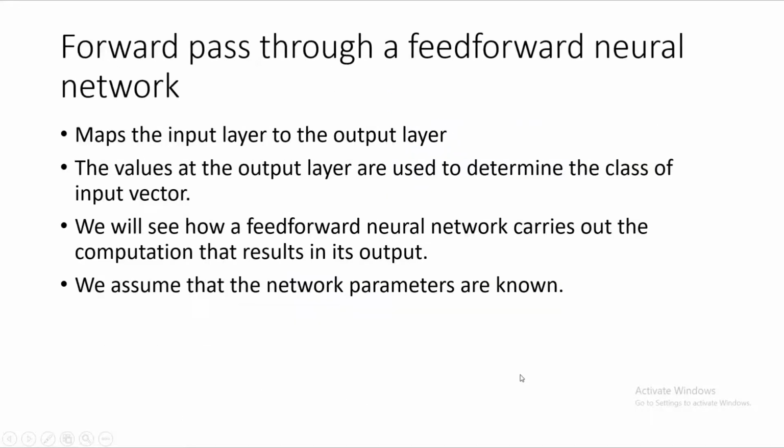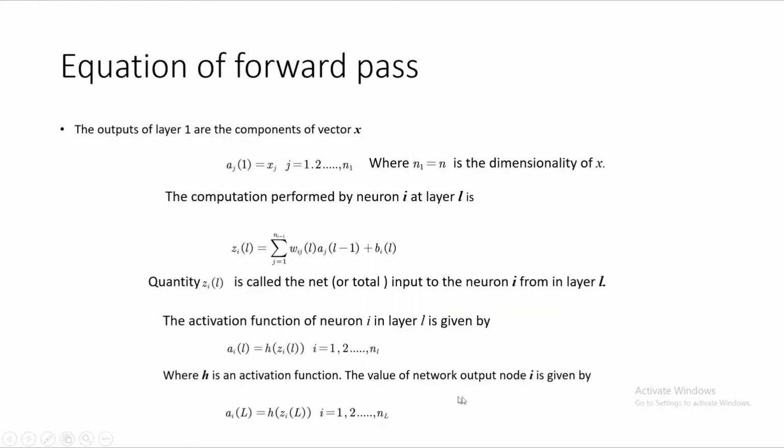And we just take this weighted sum of the weights and the input values plus the bias, and here Z^l_i is called the net or total input to neuron i in layer l.